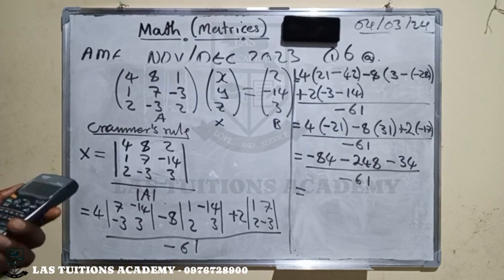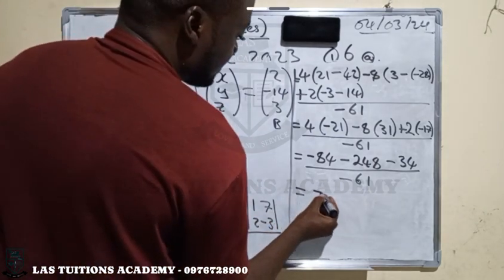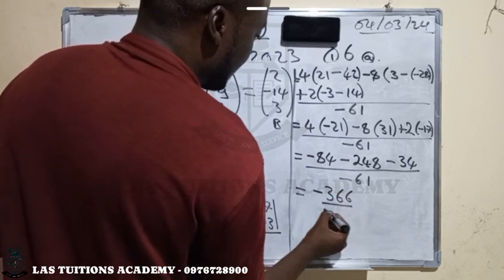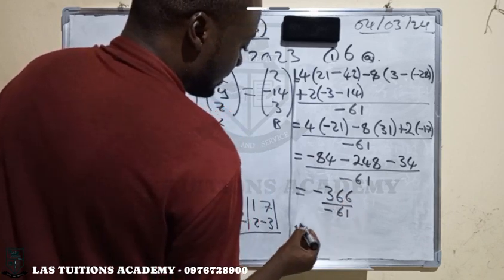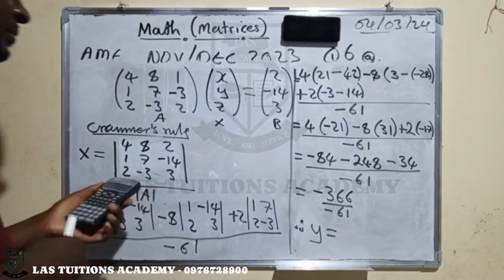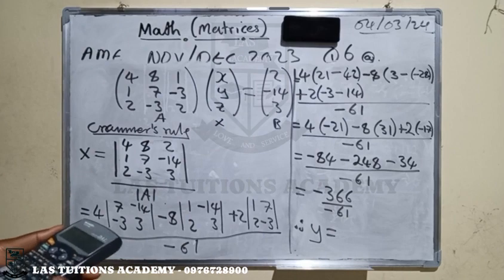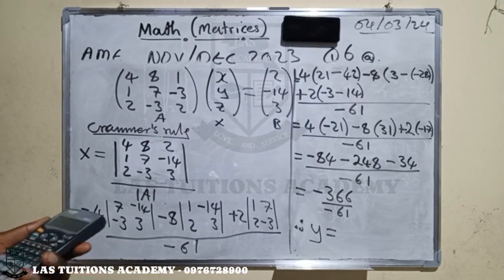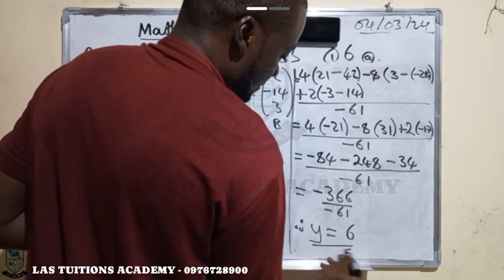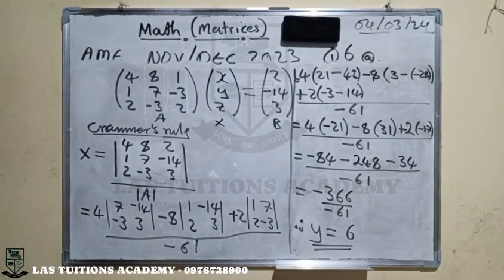So we're going to get negative 366 over negative 61. Therefore, dividing by 61, y is equal to 6. Okay, so that's the value of y which we find.